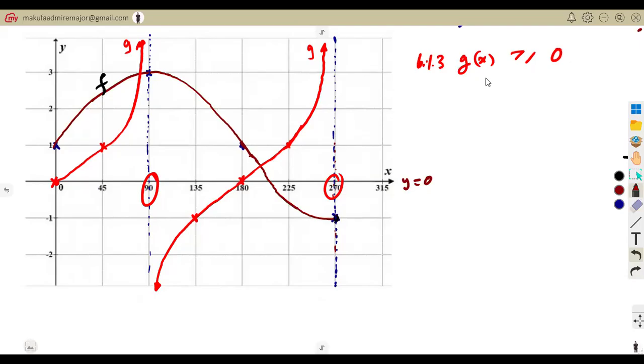We are simply saying the y values are supposed to be greater than or equal to 0 on the graph of g.